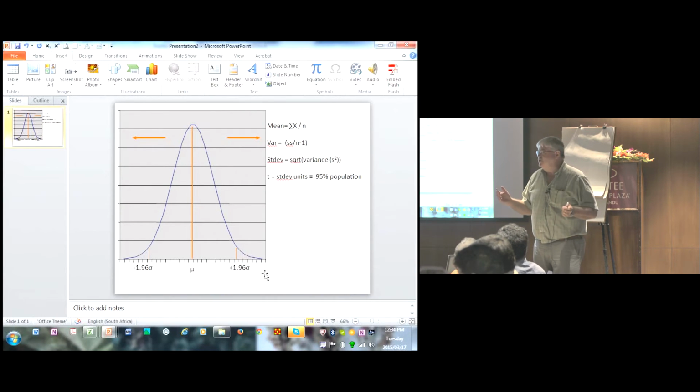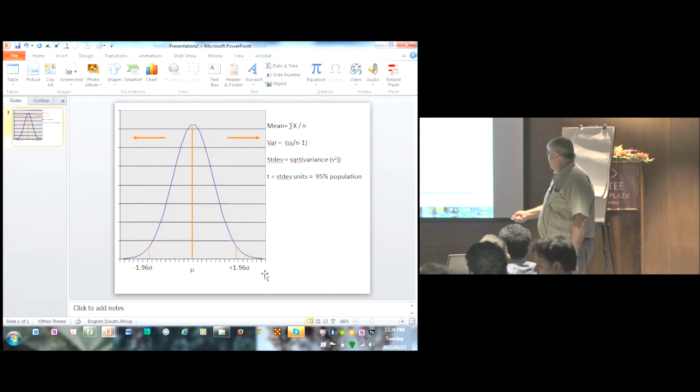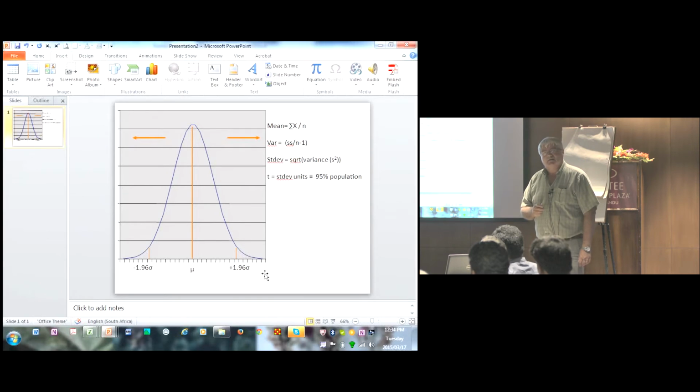Okay, and that's essentially your t value at 95% probability. You want to make sure there's a good probability that you're covering 95% of that population. That value you require is the t value for what we refer to as a 95% probability, which you look up in a table that is in any stats book, on Google, or anything like that.